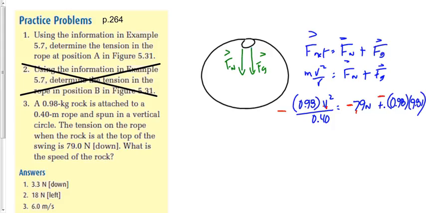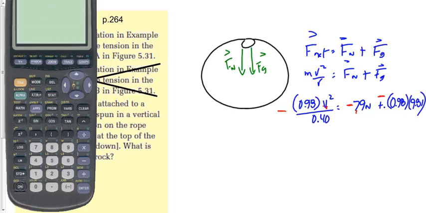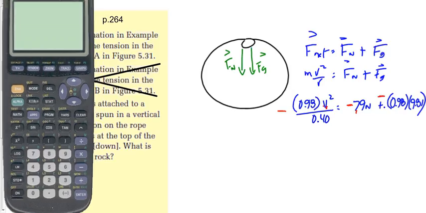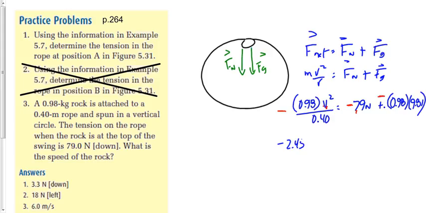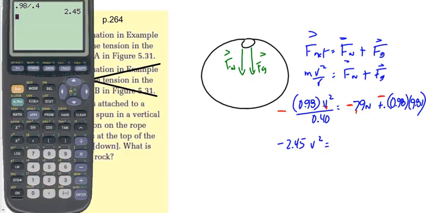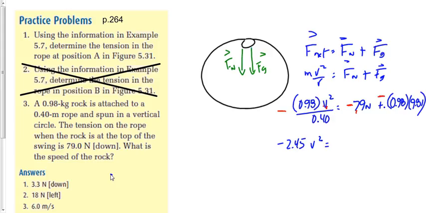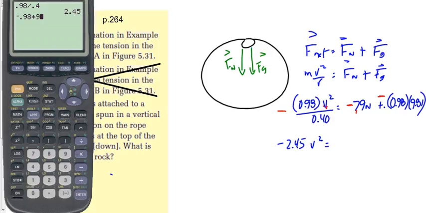All right, let's do this now on our calculator. 0.98 divided by 0.4 gives me 2.45. So I've got negative 2.45 V squared. Now on the right-hand side, I'm going to have negative 0.98 times 9.81. That's going to be the force of gravity. Subtract 79 newtons, that's the normal force.